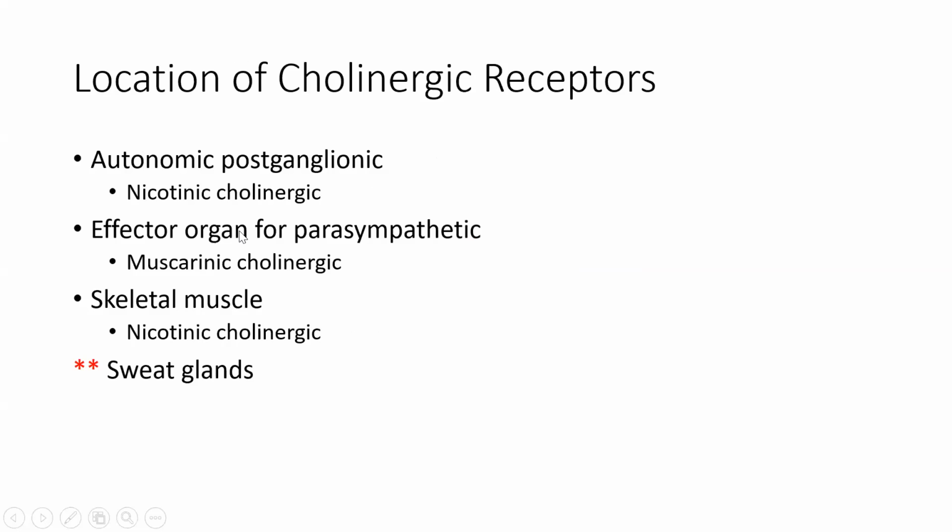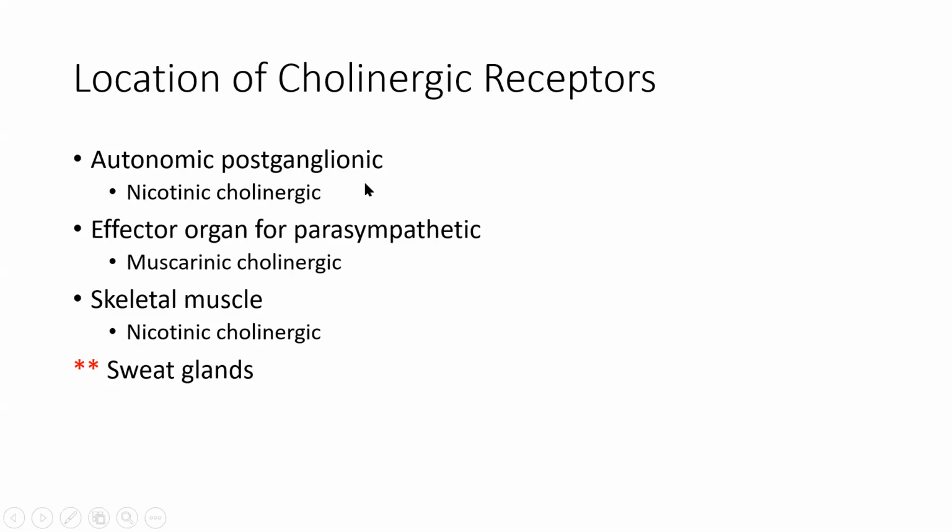All right. Let's speak about the locations of these cholinergic receptors, and I'll probably jump back to that schematic diagram because it really nicely illustrated where these receptors are in relation to one another. So the autonomic postganglionic neurons have nicotinic cholinergic receptors.